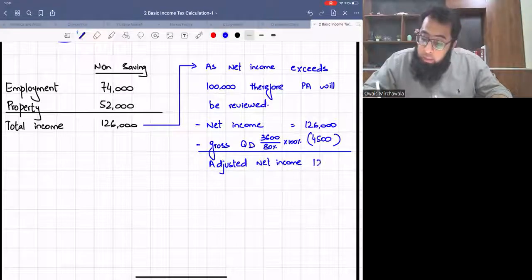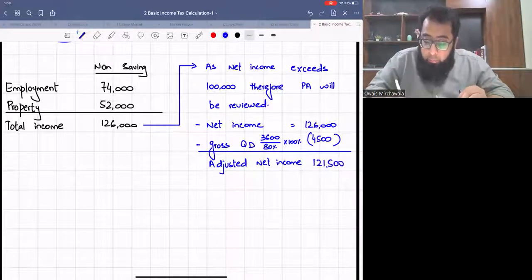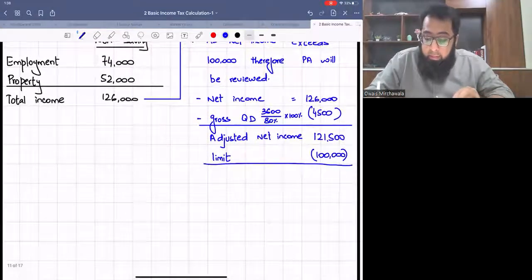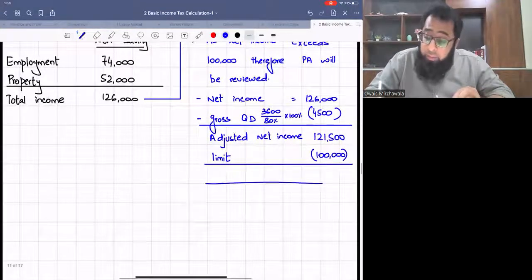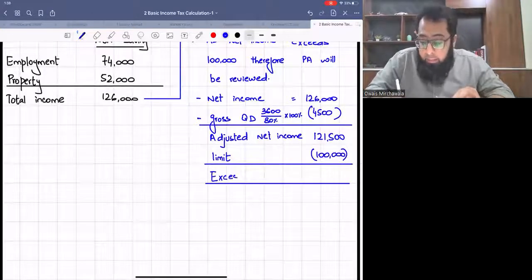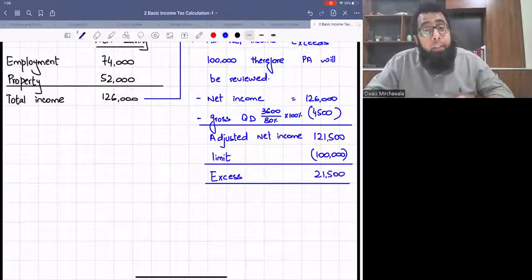So this is 121,500. Now the limit is 100,000. So this gives us the excess. Listen to me very carefully. Things will get clear with practice. This gives us an excess of 21,500.